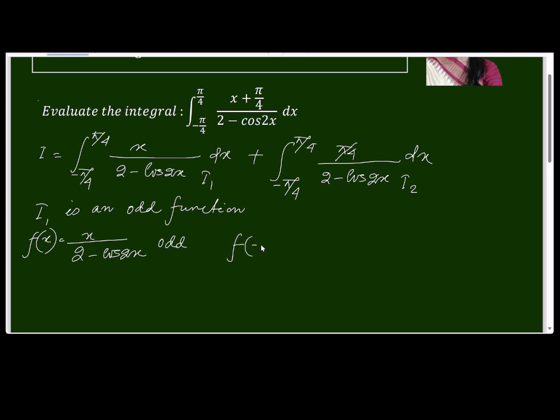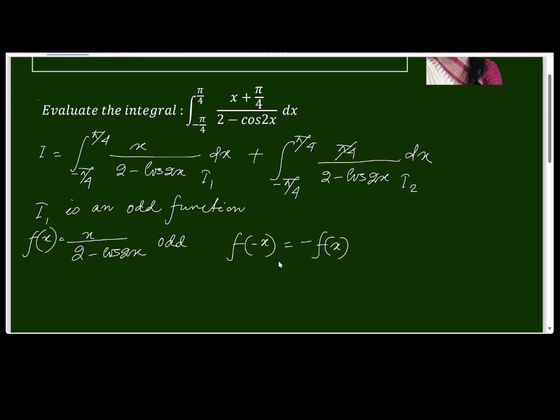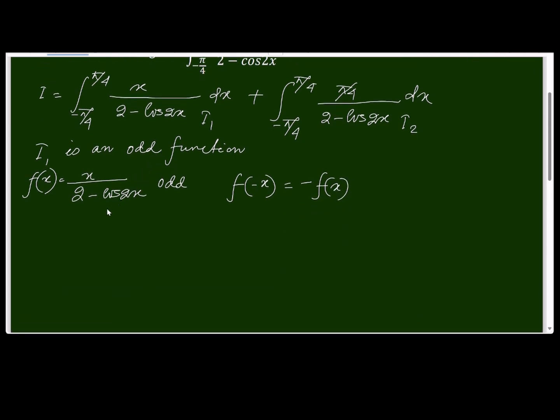If you put negative x in place of x, it will be minus of f(x). So what is the use of an odd function? The properties of the definite integral says that when the function is odd, the integral from minus a to a of f(x) dx equals 0 if f(x) is an odd function. So integral 1 is 0.